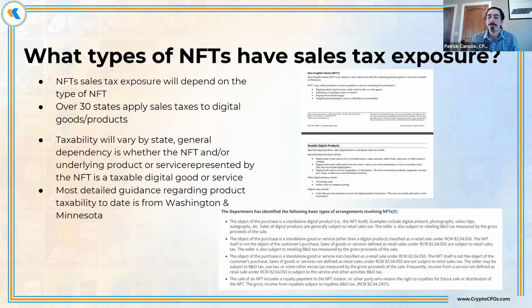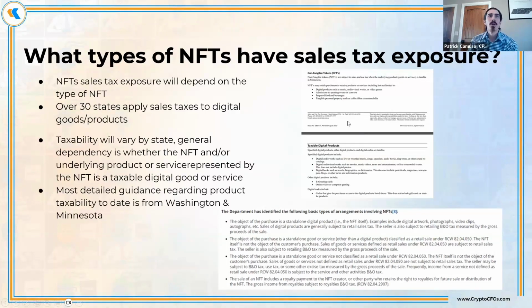Does it represent a physical print of a piece of artwork? And then you want to look through at the sales tax regulations related to whatever that product or service is. And if that's taxable in Washington, then the NFT that's associated with that is going to be taxable. Washington also has given guidance regarding royalty payments, which they're going to apply their B&O tax to.